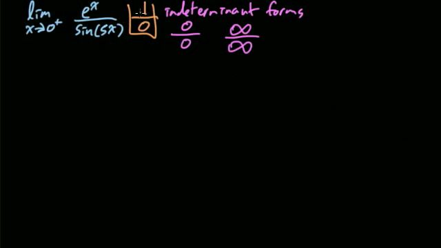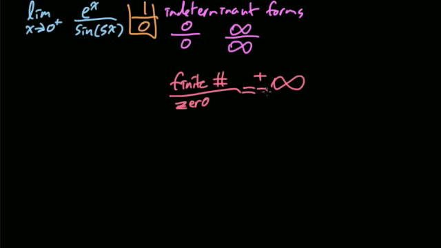When we have a finite number divided by 0, our limit is going to be either positive or negative infinity, depending on which side we're approaching from. So now you can think, okay, we're approaching 0 from the positive side. That's what this limit is telling us.